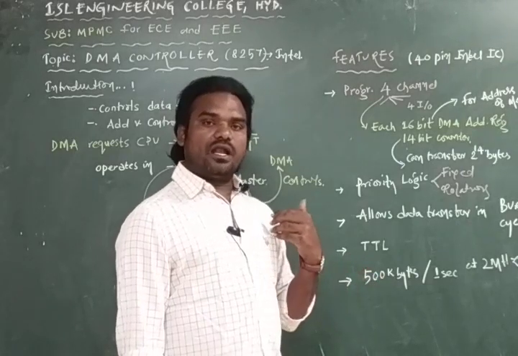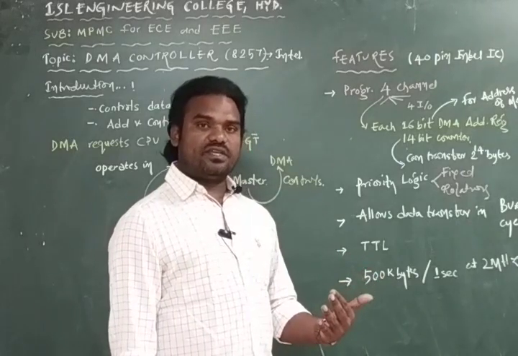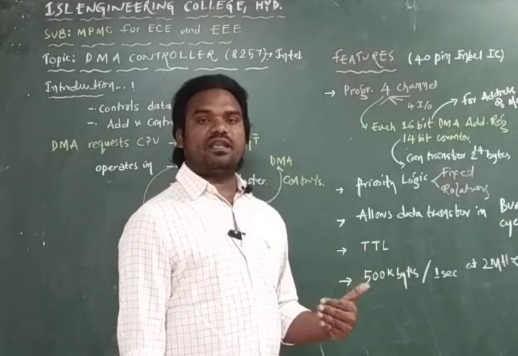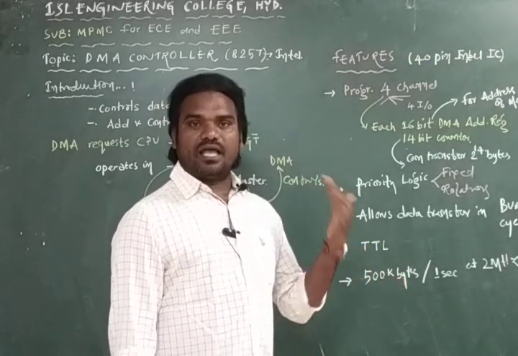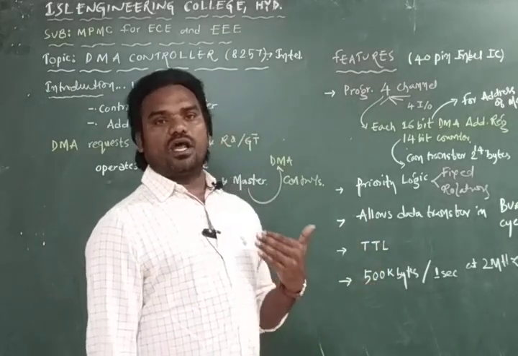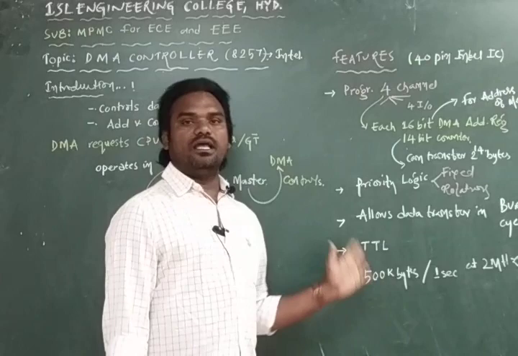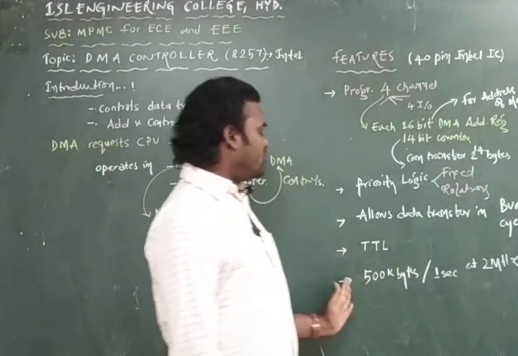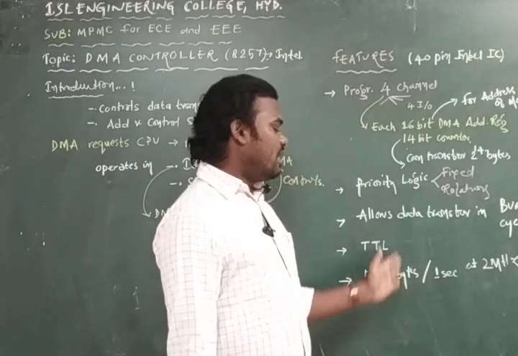So in order to have proper compatibility between the 8257 and the input output devices, the input output devices must be fabricated with the logic called TTL, and it can transfer 500 kilobytes in 1 second.